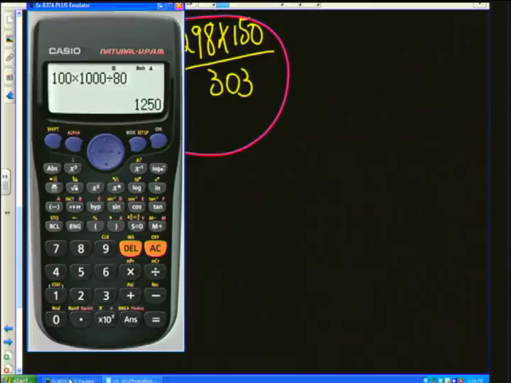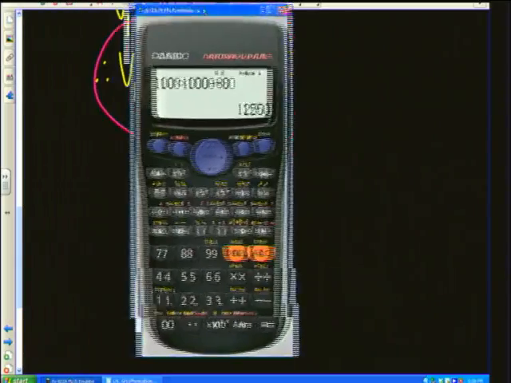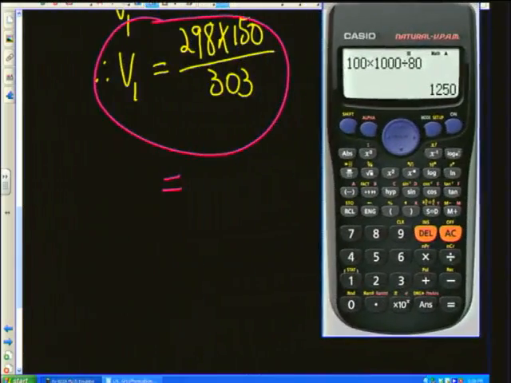So let's see, with the use of the calculator, what the answer is going to be. Okay, so this is 298 times 150 divided by 303. And what is the answer?